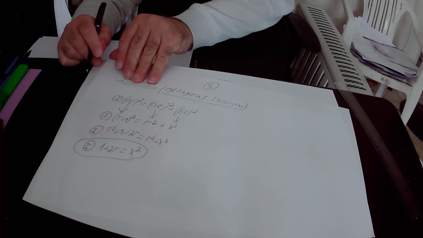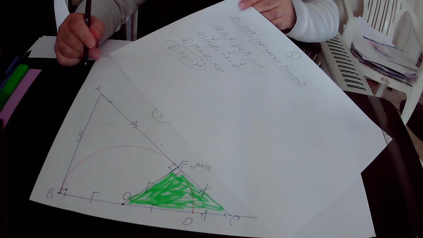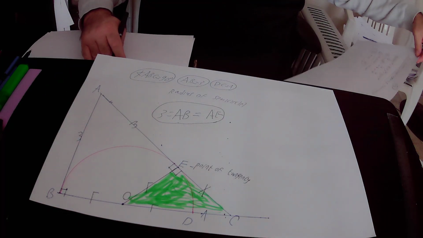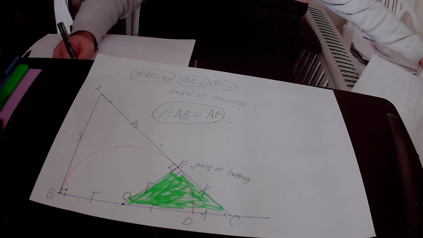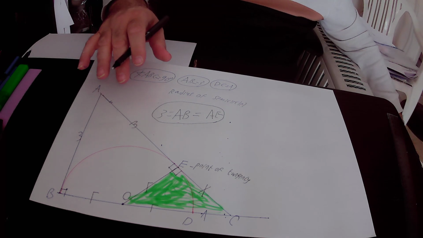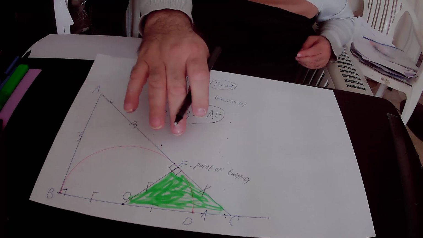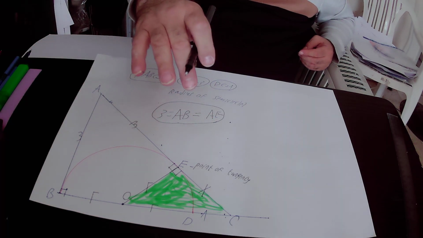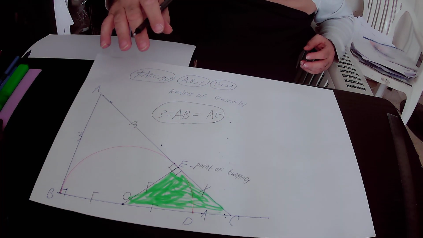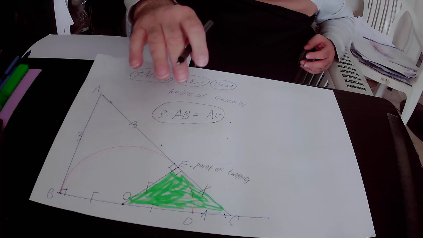Okay, so in the next step we will focus on the right big triangle, triangle ABC, and on the small green right triangle, triangle OEC, and we will prove that those two triangles are similar to each other.